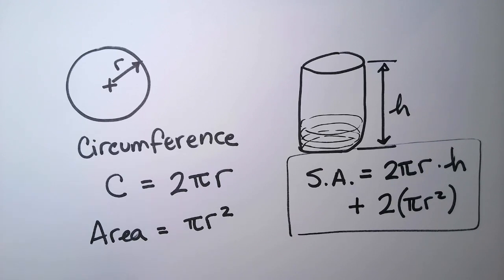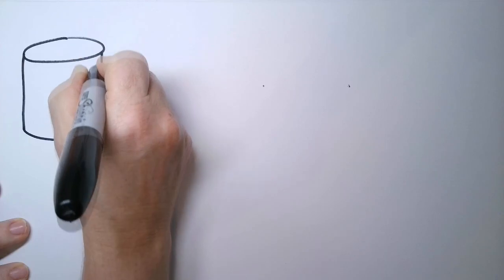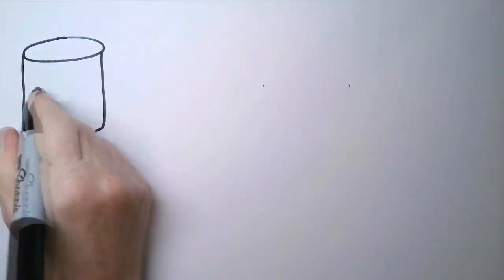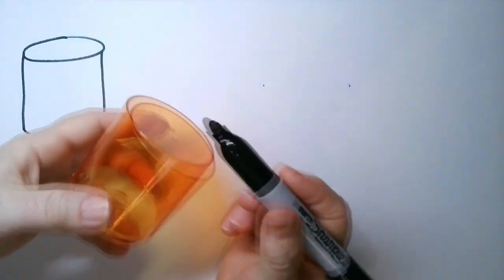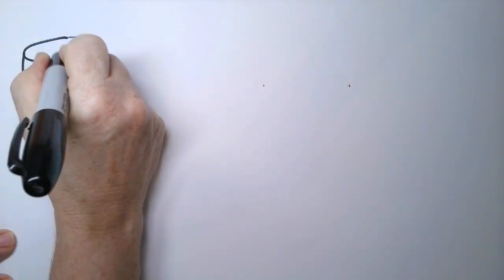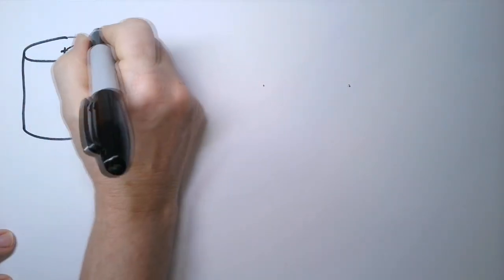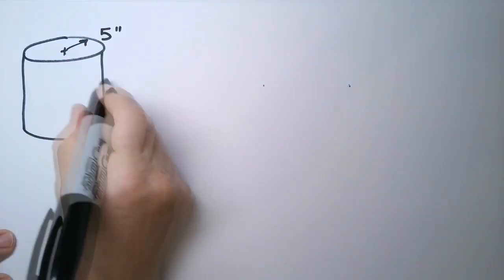Let's practice this because right now it's just formulas. Let's just calculate the round part. Let's say it's open on both ends and we just want the round bit. My radius from the center of the circle outwards is 5 inches, and I just want the round part.